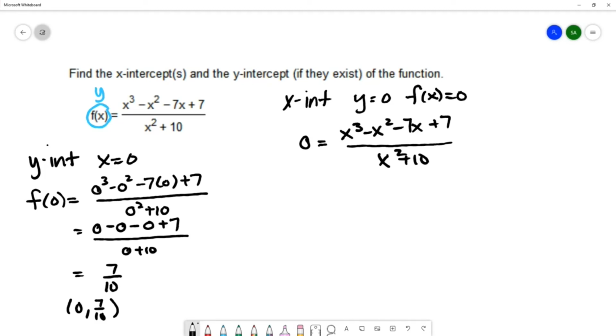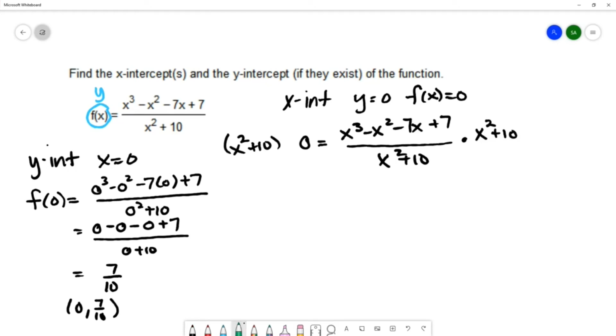When we first look at it, it looks pretty messy because of the fraction. There's a method for getting rid of the fractions called clearing fractions. What we do is we multiply by the denominator on the left and the right of the equation. Whatever you do to one side, you have to also do to the other.